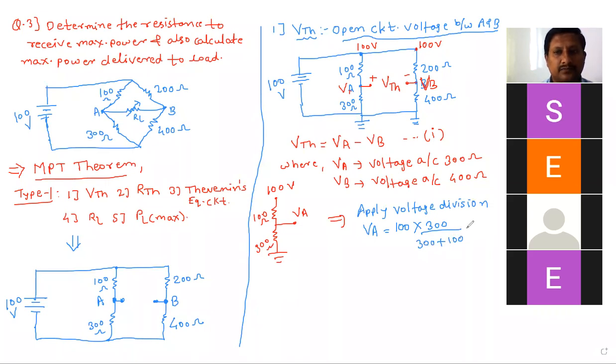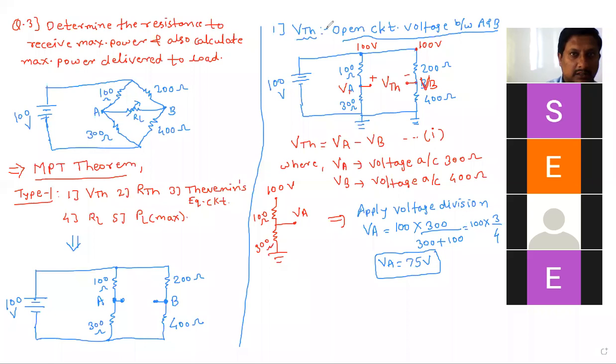So if you are calculating, what is the answer here? 100 into 3/4, see, so 75 will come. Yes. So 75 we can get as VA. As VB, you can calculate now. Similar second branch you can take now.